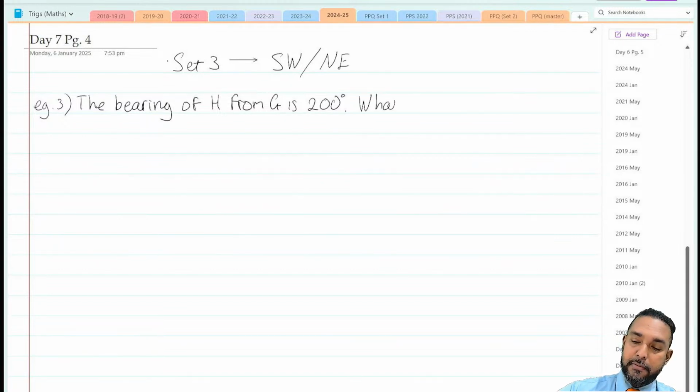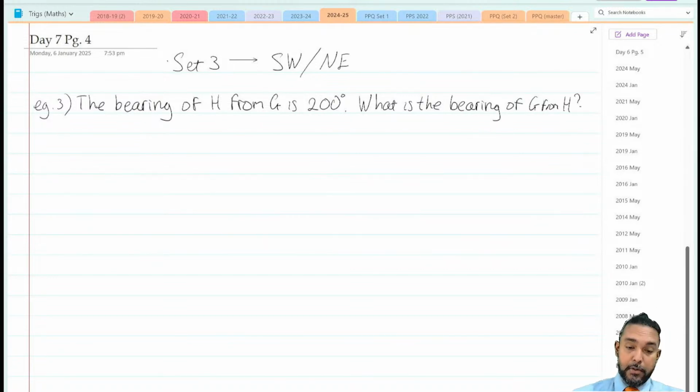What is the bearing of G from H? All right. So you know what we do. 200 means it's going to be on the other side. So let's start off.